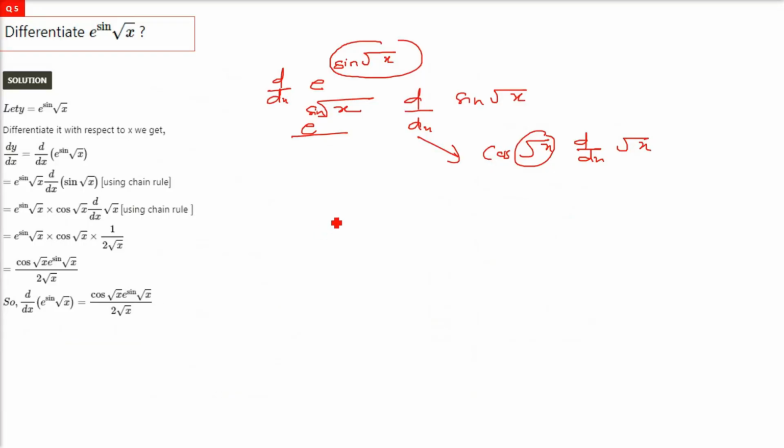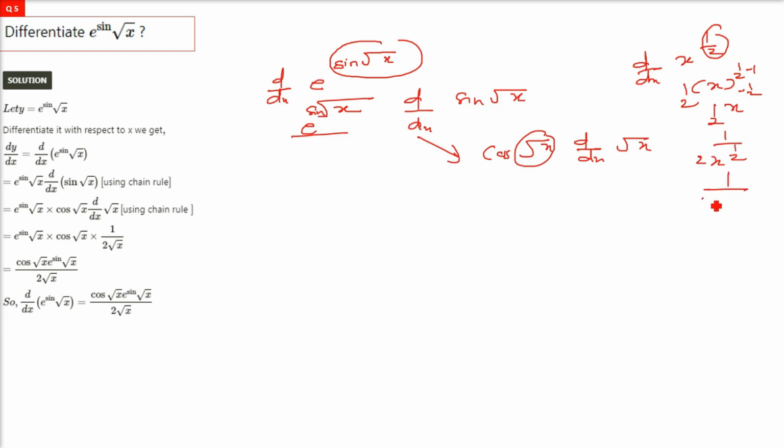How has it come? Assume this not to be root but x to the power half, because it is actually x to the power half. So just apply n x to the power n minus 1. So half x to the power half minus 1. Half minus 1 is negative half. So x to the power negative half is 1 by x to the power half, which is 1 by root of x.